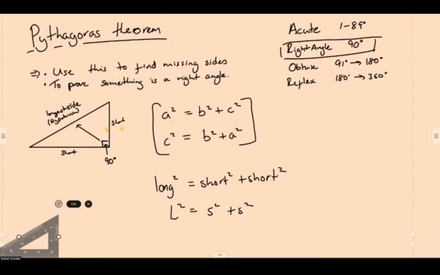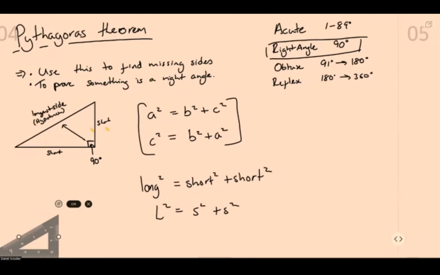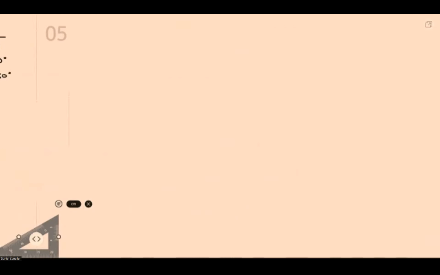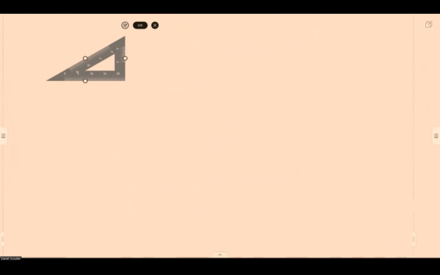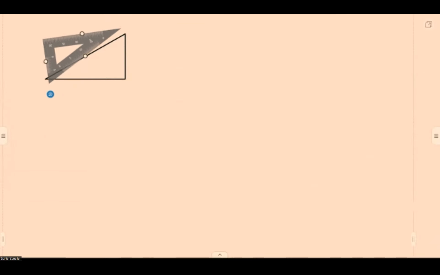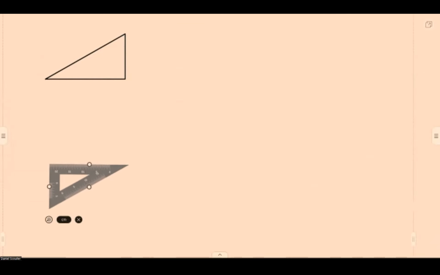Okay, so we look at example 1. Call that side x, with sides 14 and 7.